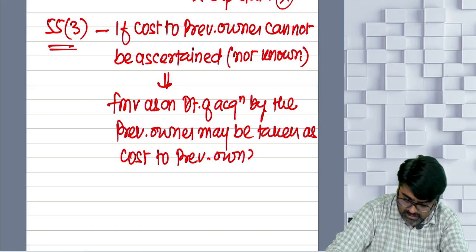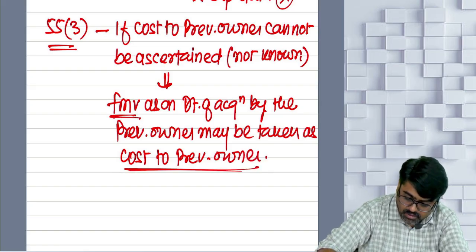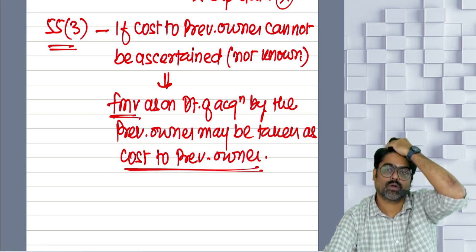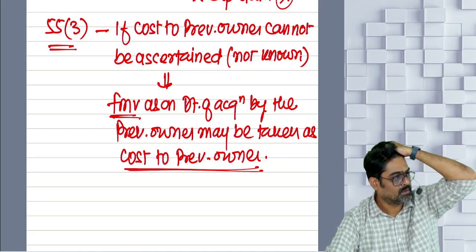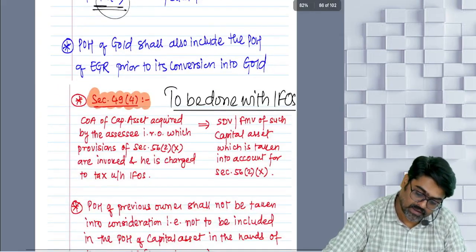And once this amount is taken as cost to previous owner, ultimately you can also take this amount as your cost of acquisition as per 49(1). Understood? Done. All these special aspects done.